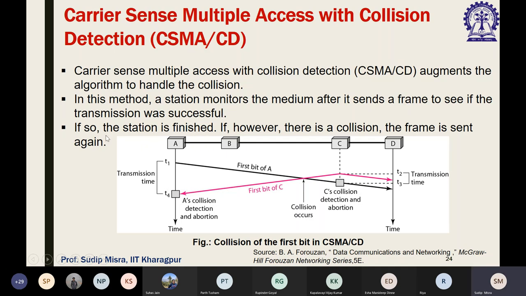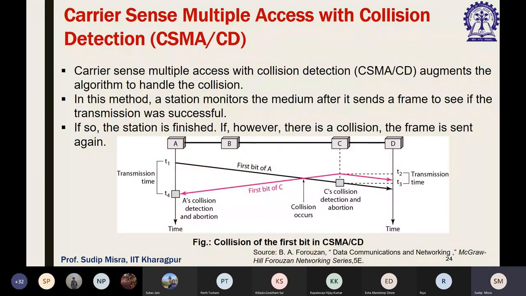If it was successful, then nothing, it's fine, problem solved. If there was a collision, the frame is sent again.